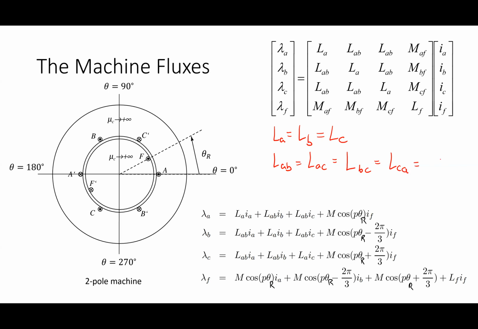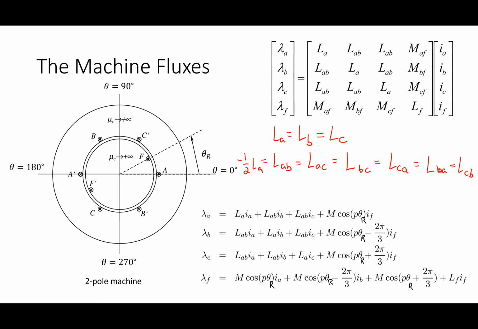What are all, there should be LAB, LBA, and there should be another one, LCB. Yeah. All those things are negative 1/2 LA.